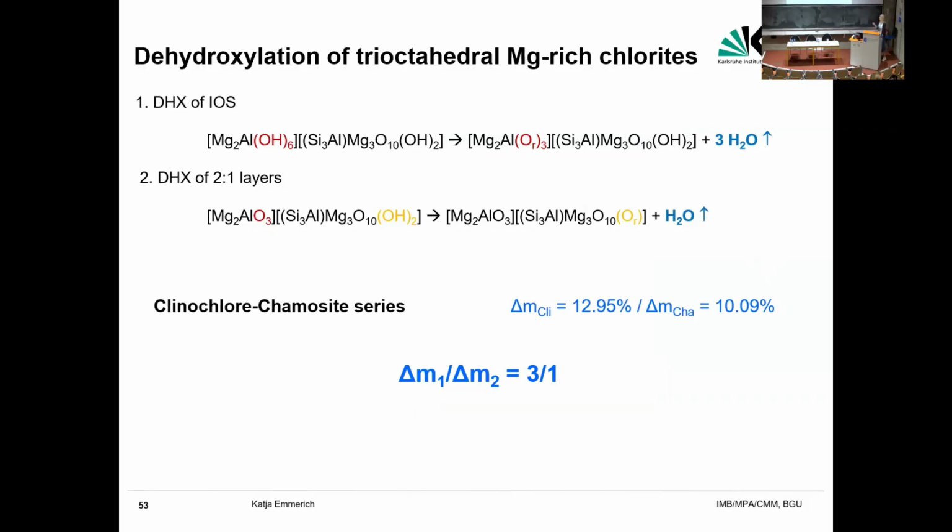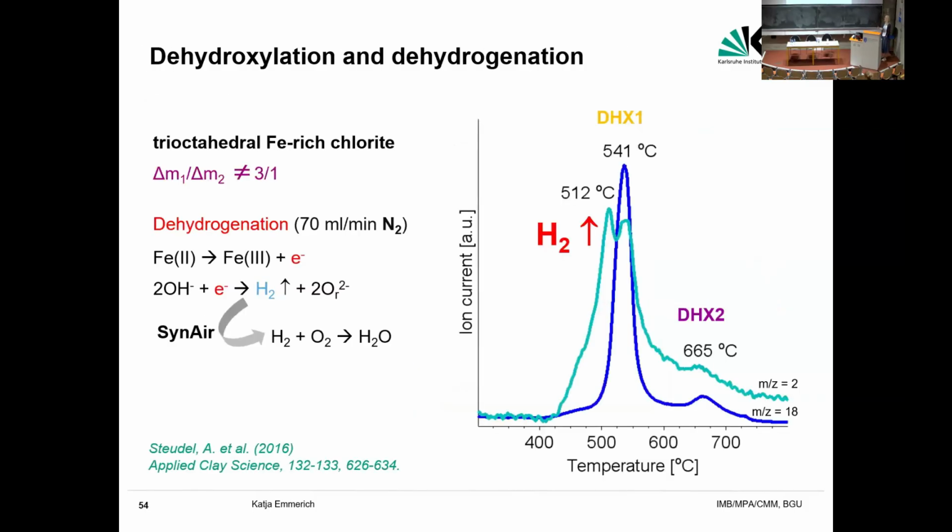So therefore the ratio of mass loss is 3-to-1, but in some cases you will observe a ratio of the weight loss of the two dehydroxylation steps that is not equal to 3-to-1. And the reason for this is the oxidation of iron.